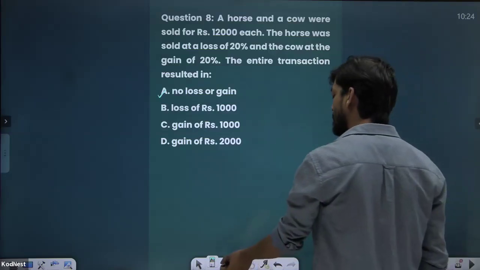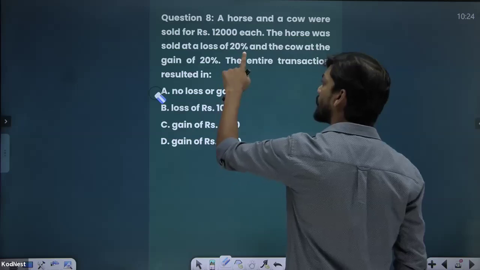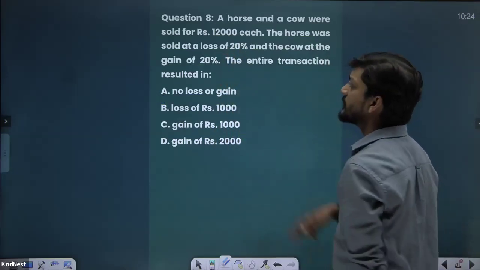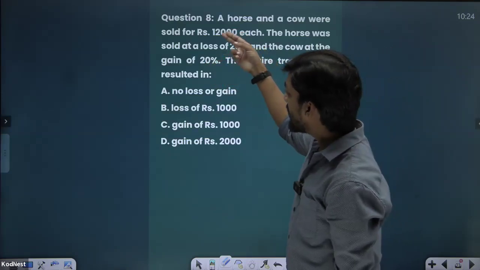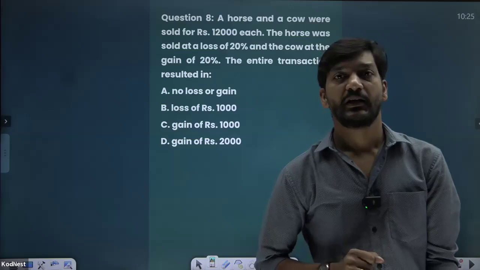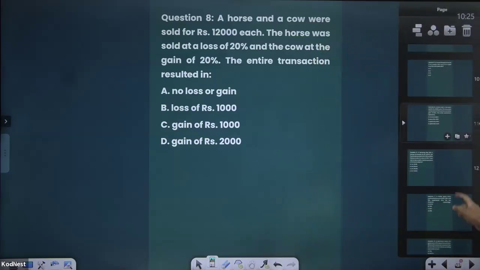We don't know the cost price. Until we know the cost price, we cannot compare the percentages. We cannot say they both are equal. We cannot say loss is equal to profit. Now let's take the next question.